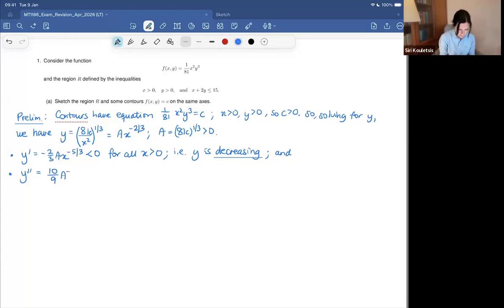The power is reduced by 1. And now we see that this expression is greater than 0 for all x greater than 0, and so y is convex.